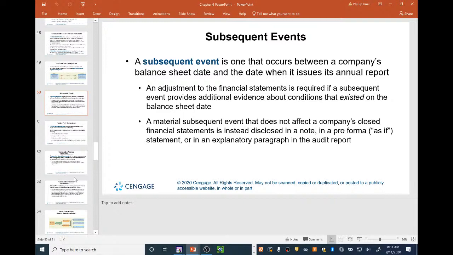An adjustment to the financial statements is required if a subsequent event provides additional evidence about conditions that existed on the balance sheet date. So what's that mean there?